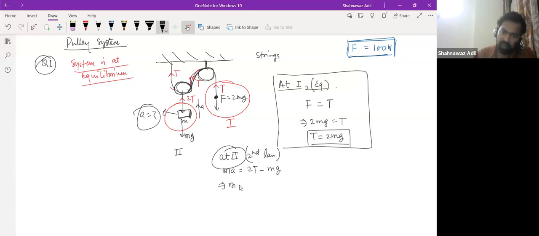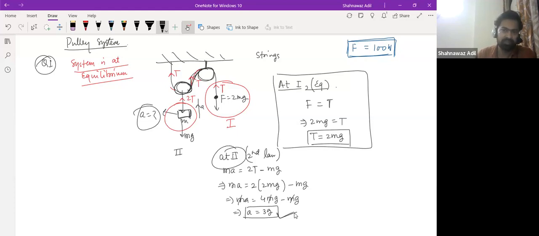So MA, 2T is 2 into 2 mg, minus mg. So MA is 4 mg minus mg. M cancels and A is 3g. Somebody has written in the chat box, A equals 3g. Yes, so this would be the answer.